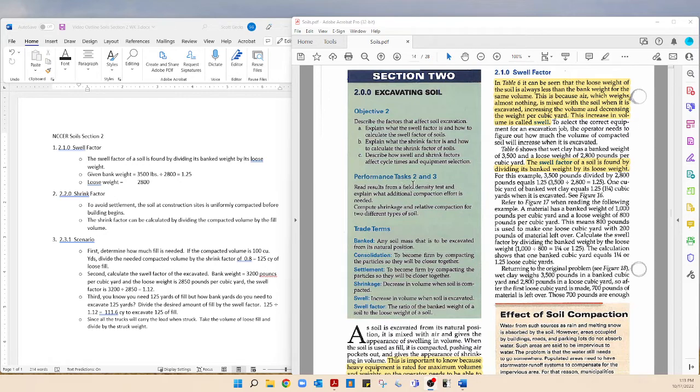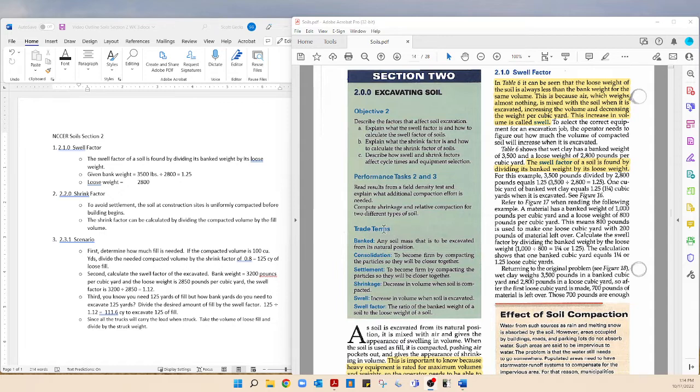There are some performance tasks in here, which of course we're not going to do. We don't have results from a field density test, and explain what additional compaction effort is needed. We'll get into that a little bit. Have it in mind for our in-person lab for this course to get someone out and do a field density test, either with a nuclear density device or a sand cone device, or maybe just dig a hole in the ground and look at the soil horizon or strata, as some refer to it.